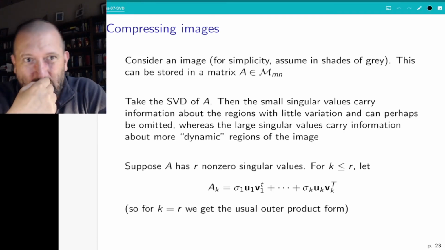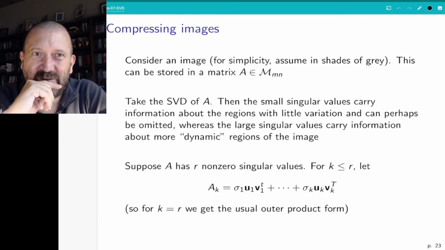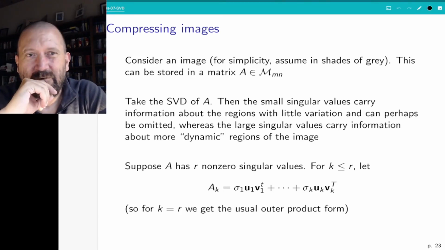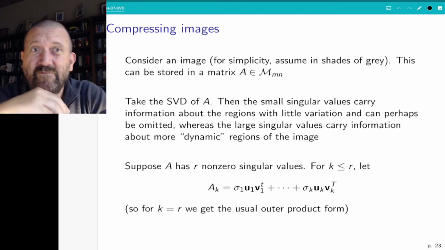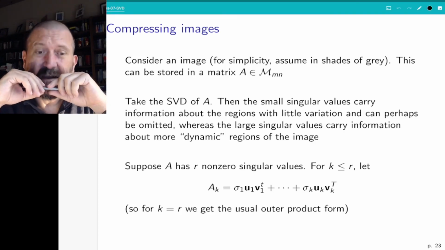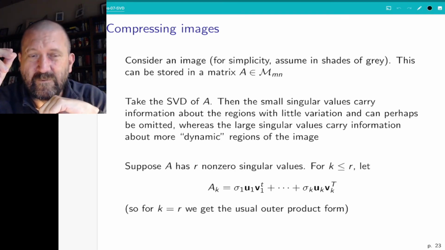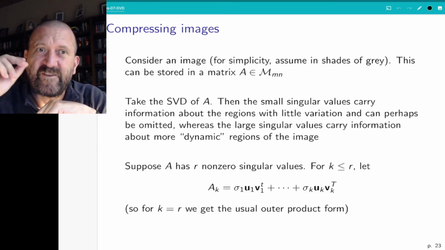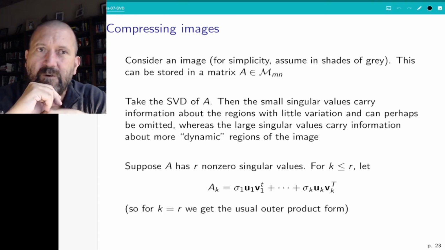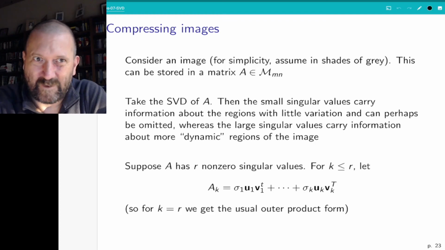What I'm going to show you in the following example is one I found in a book. I'll give you the reference. This is a book that I use from time to time. What we are going to do is take the singular value decomposition of the image. I say A, but I'm thinking about my matrix.